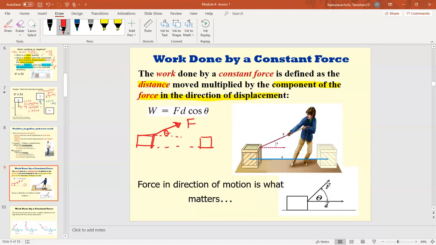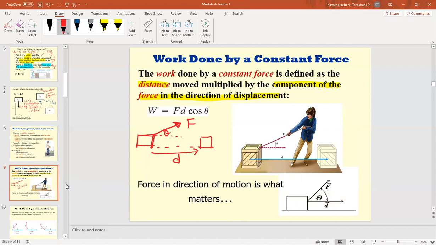This is the force, this is the displacement. Now what do we do? Can I do F times D? Why? I defined work as F times D, but under one condition: force and displacement should be parallel to each other, in the same direction.